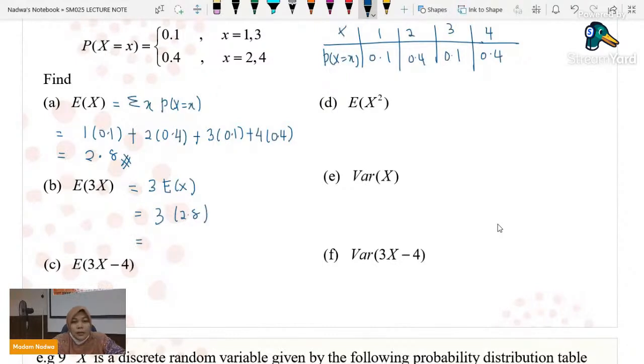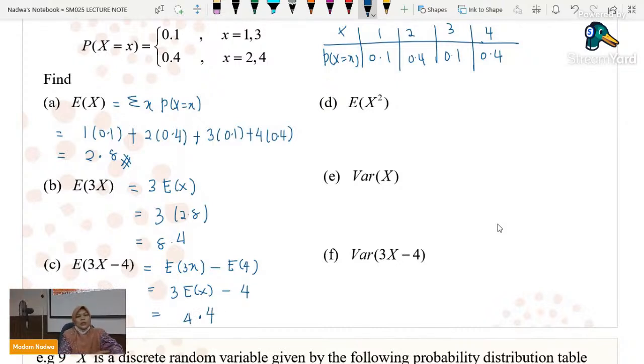Jawapan dia 8.4. Okay, last one dia tanya E(3X minus 4) adalah sama juga dengan E(3X) minus E(4), which is 3E(X) minus E(4), adalah 4. So 3 darab E(X) tadi kita dapat 8.4, tolak 4, so jawapan dia 4.4 macam tu.